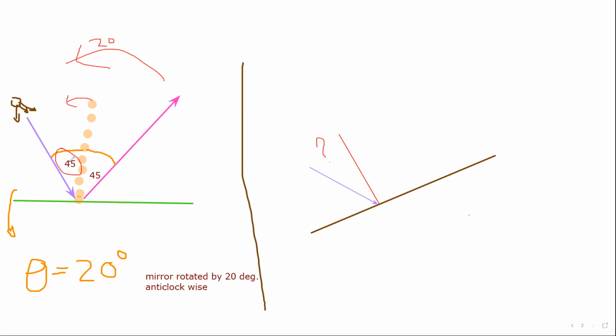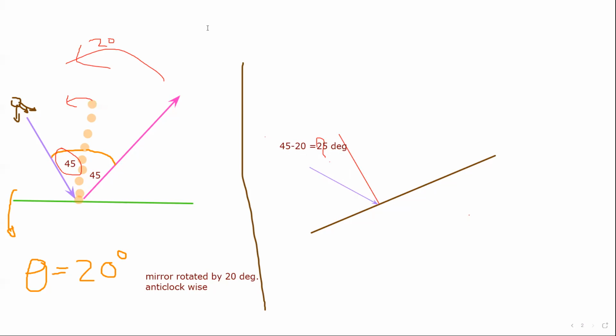So angle 45 will be 45 minus 20. This is the angle of incidence, 25. This is the angle of incidence in the first case.